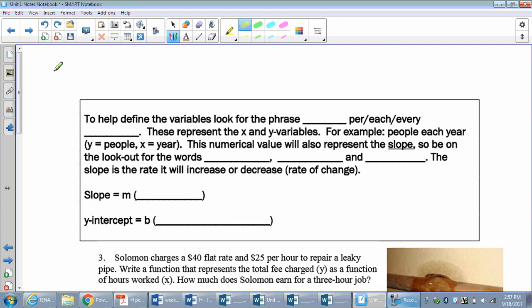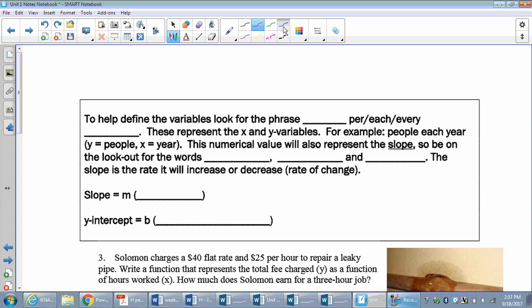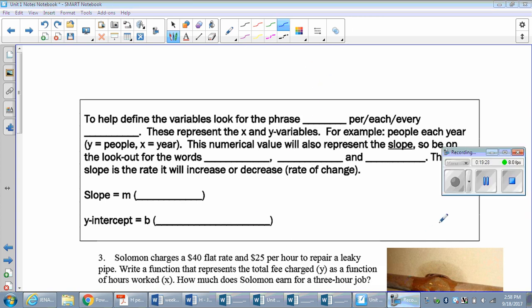That wraps it up for Mr. and Mrs. Smith. Let's work on filling out this box at the top. To help define the variables, look for the phrase y per each or every x.